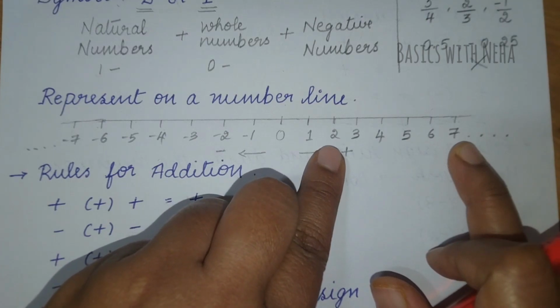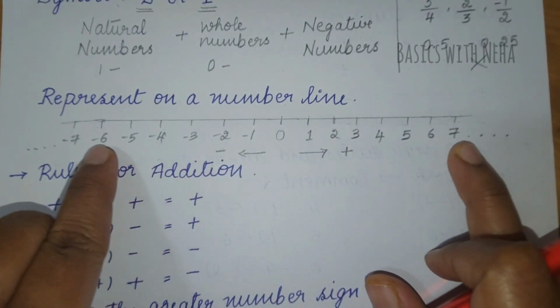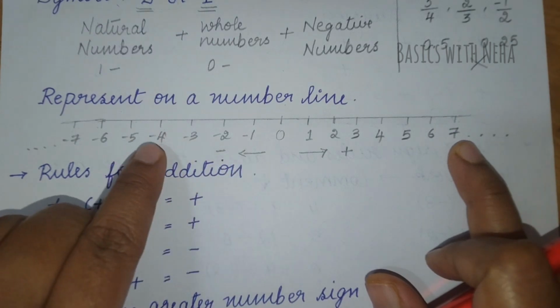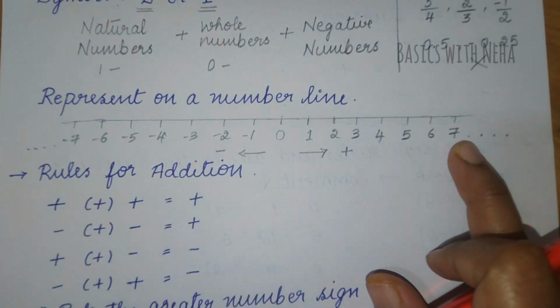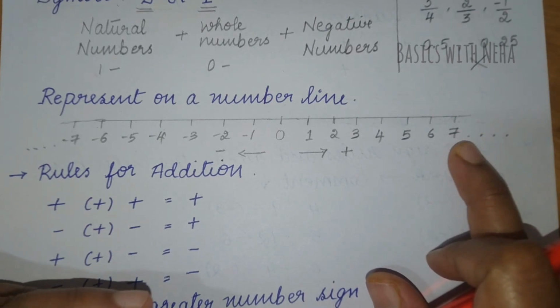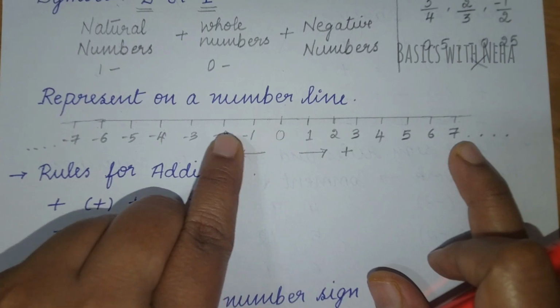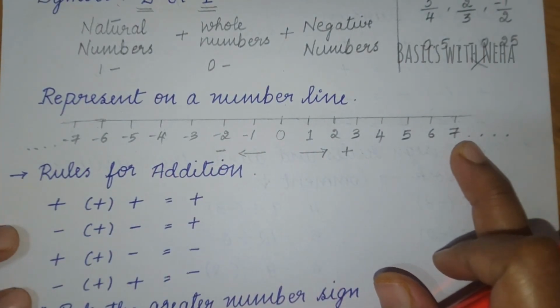Likewise, 2 is greater than -2, and 6 is greater than -6. If I talk about 0, -4 is smaller than 0. Negative numbers are all the numbers that come before 0: 0, -1, -2, -3, -4. It goes like that.